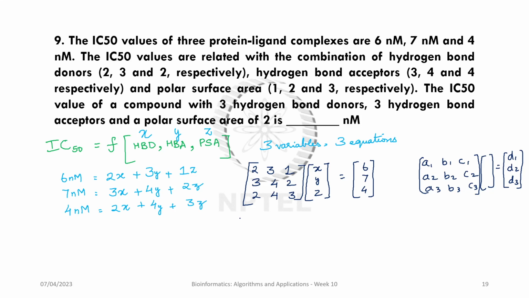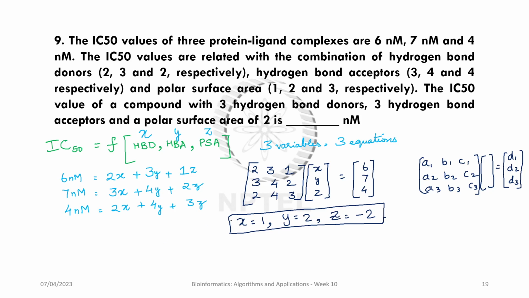Which gives me the answer x is equal to 1, y is equal to 2, and z is equal to minus 2. So these are my coefficients that we have found by regression.